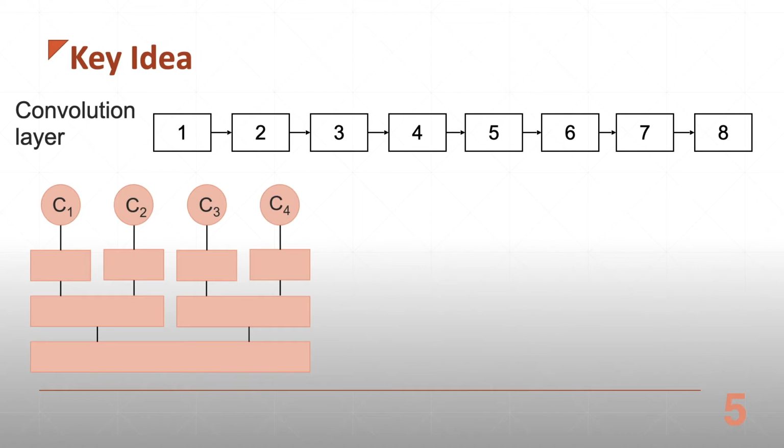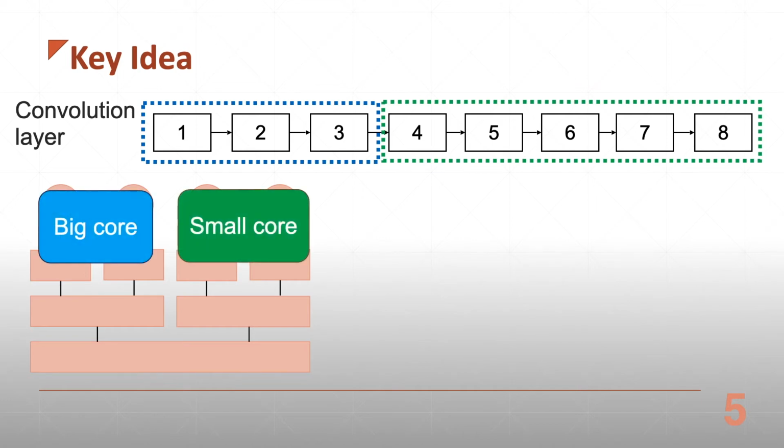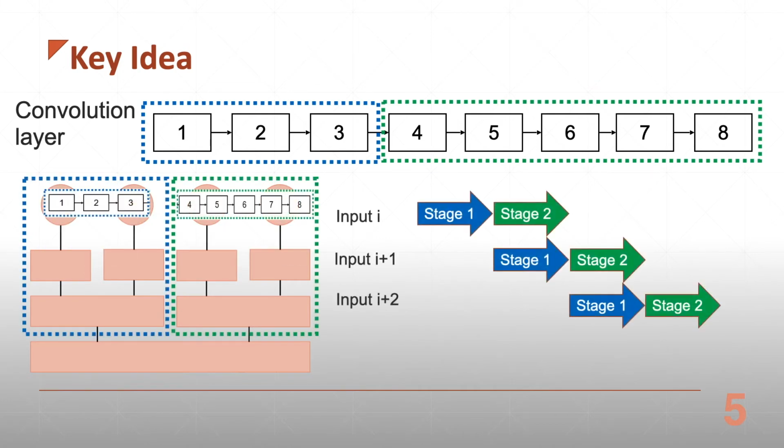For the example shown here, we have 2 pipeline stages and 2 groups of cores. The first group contains the 2 big cores assigned to process pipeline stage 1, and the other group contains the remaining 2 small cores assigned to process pipeline stage 2. Note that within each group, we still apply multi-thread processing for the best performance.